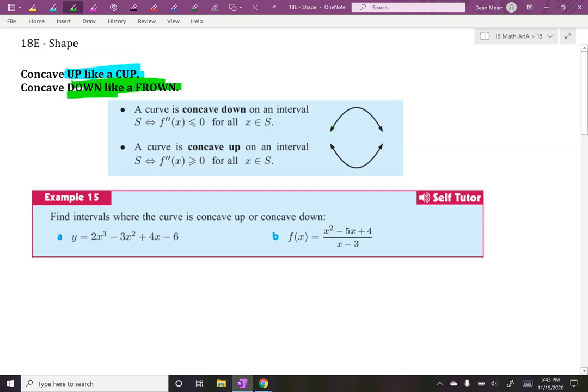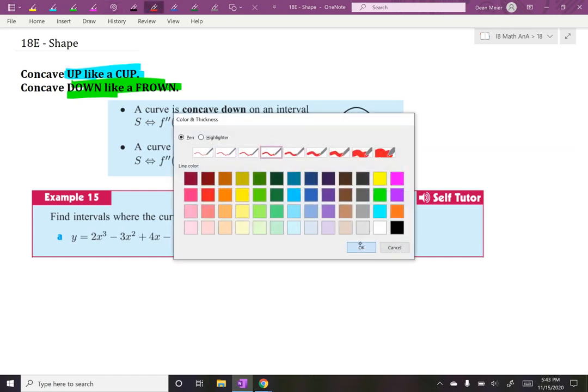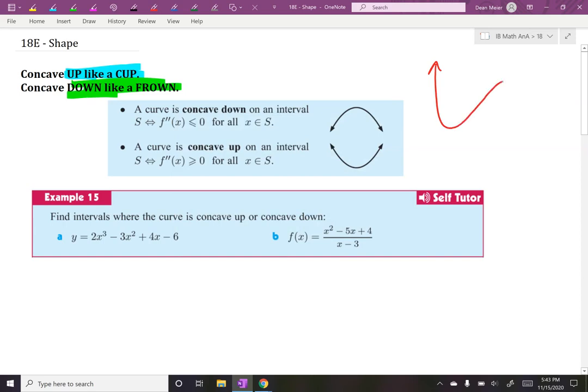If you look at a graph, if I just randomly draw some kind of scribble like this, then you could say that this part of the graph right here is concave up like a cup. And what does that actually mean? That just means that all the tangent lines are underneath the graph.